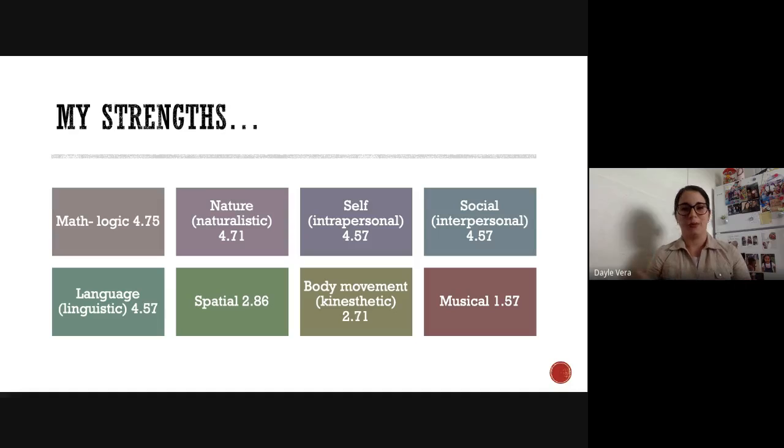Those were my top 3. But the other ones don't mean that I'm not good at them. It means that I'm also really good at social, the interpersonal one, and the language. And maybe not so much at the spatial and the body movement and the musical, but that's something that can always be improved. And that's going to be my goal.